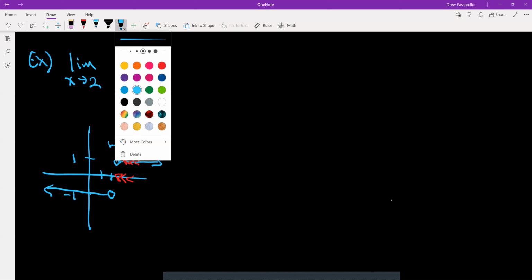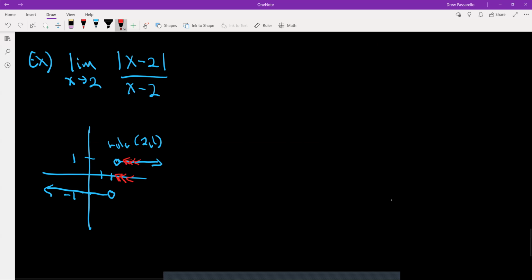So as the x values get closer to 2 from the right side, the function, the y coordinates, f of x, are getting closer and closer to this hole that's at the top, which has a y coordinate of 1.